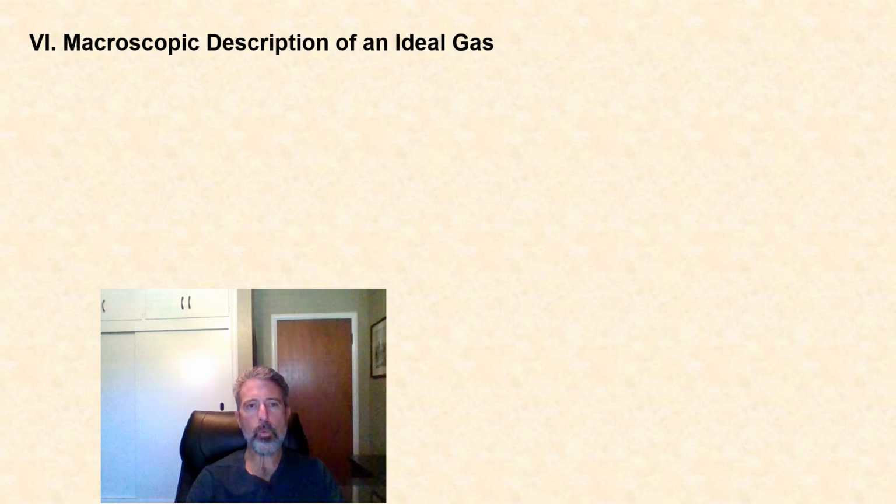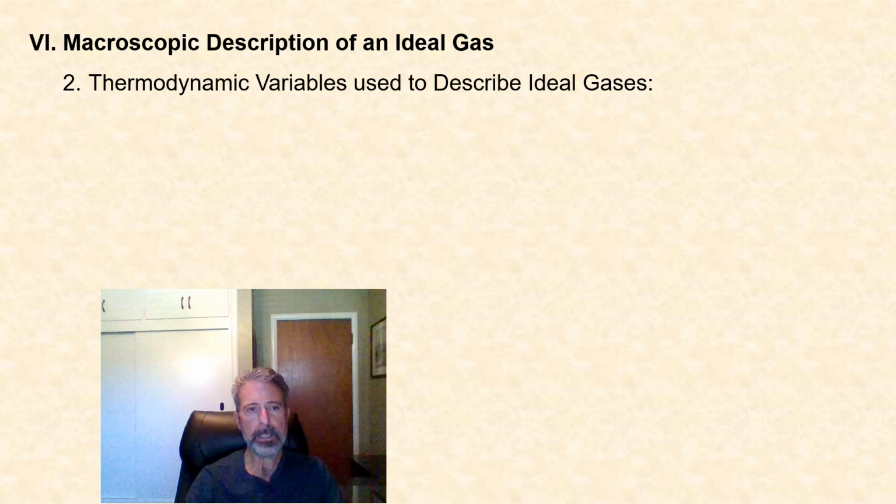So now that we know what an ideal gas is, how we can describe it, let's talk about an equation of state for the ideal gas. Before we do that, let's talk about what are these thermodynamic variables that will allow us to describe an ideal gas. Now I want to point out these are macroscopic variables.